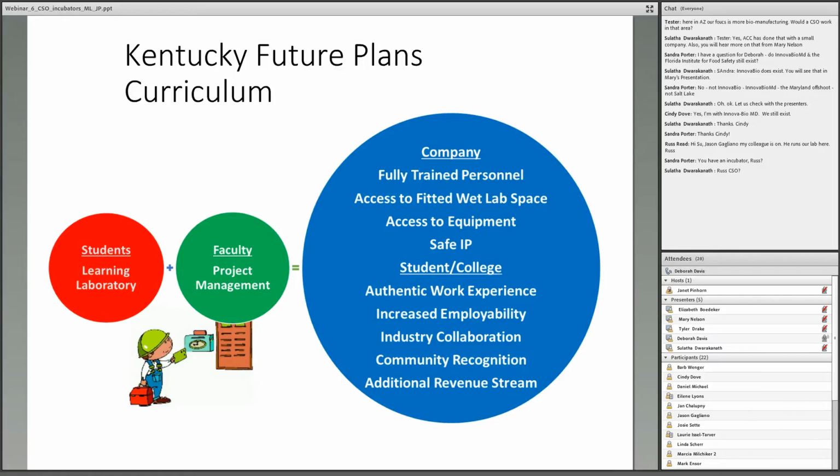The student one is called the Learning Laboratory. It's a credit-bearing class designed to mimic employment at bioscience firms. Students make application. They are interviewed. They are presented with an employee handbook and different types of paperwork, and they're held accountable for their performance.